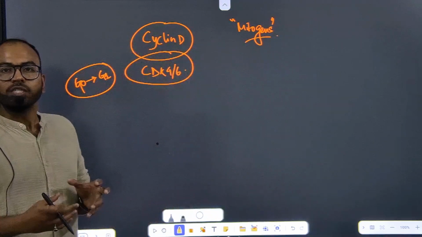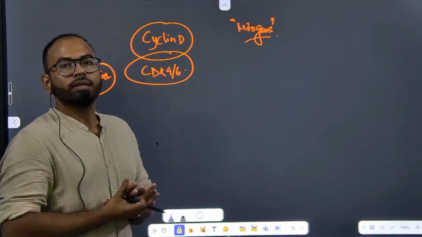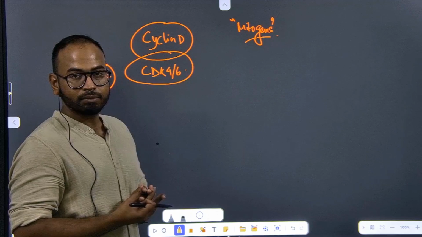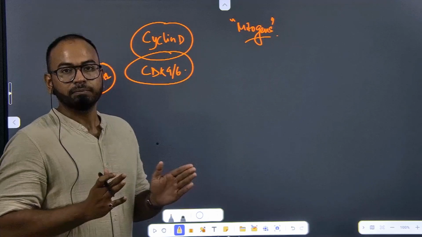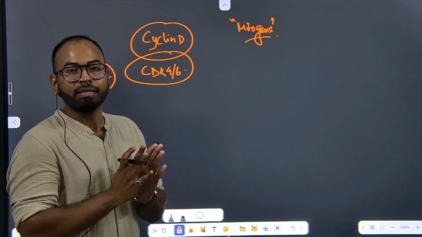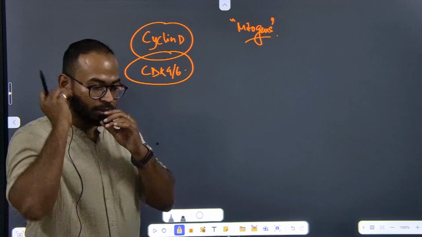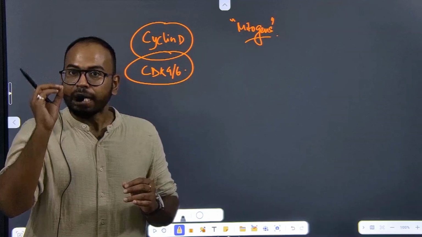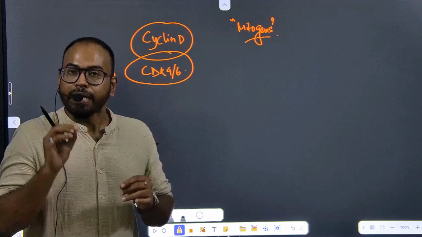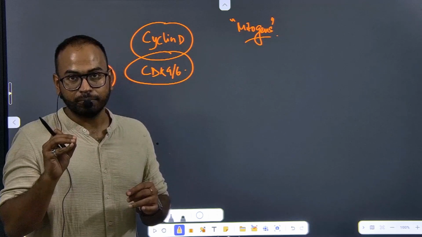After being applied, immediately what happens? There will be activation of two sets of genes. Pay deep attention over here. We are entering into the genetic regulation of the cell cycle.